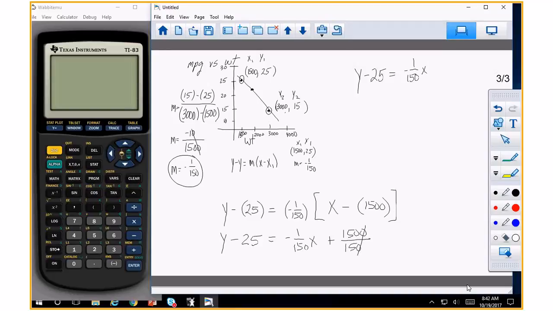What's 150? Now, be careful here. What's 150 divided by 15? It's a miracle. Y'all want to check it on your calculator? y is equal to negative 1 over 150 x plus what? 35.